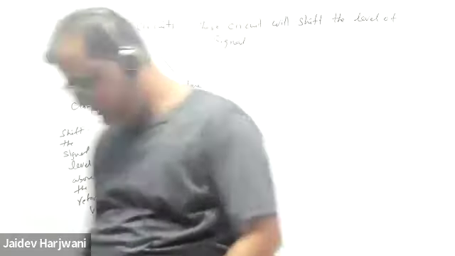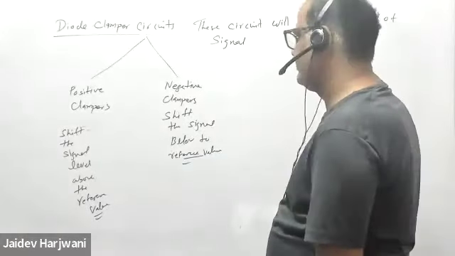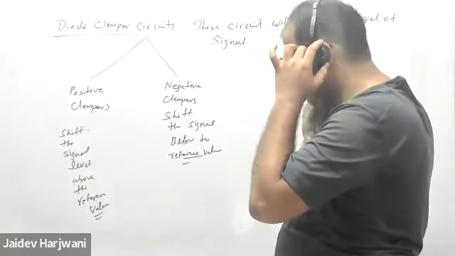Now let us understand the clamper. First we'll take the positive clamper. First discuss the positive clamper, then we'll discuss the negative clamper.